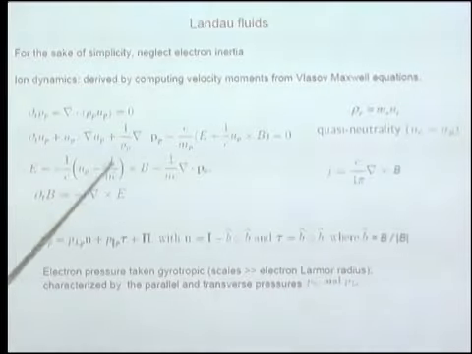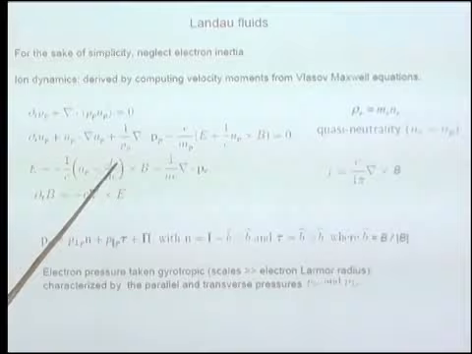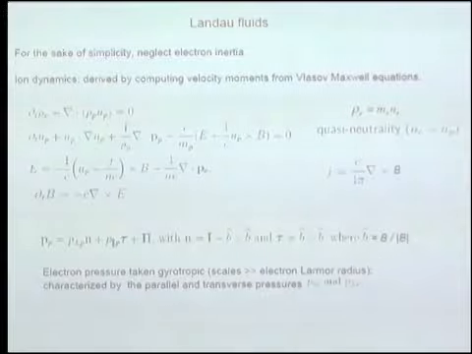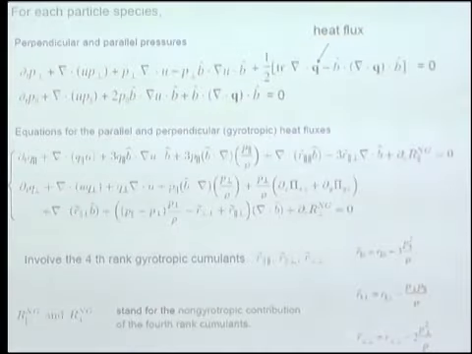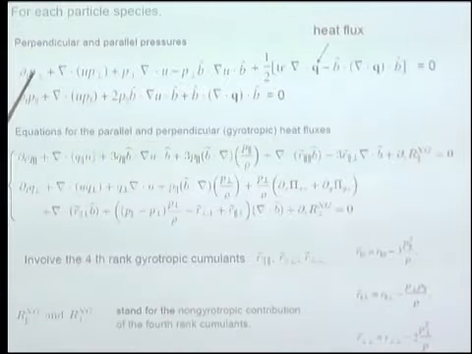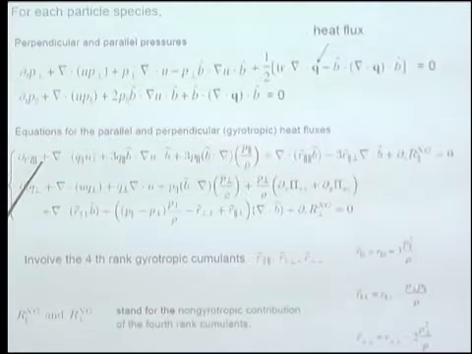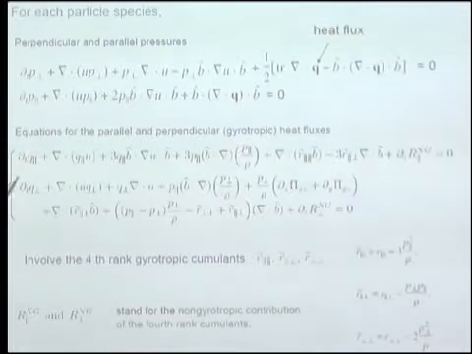We have this Ohm's law taking into account the Hall effect and the electron pressure gradient terms. And we assume that the pressure tensor is just a gyrotropic form plus finite Larmor radius corrections. Then for each particle species, electron and ions, we solve the equations for the parallel and perpendicular pressures. We solve the equations for the heat fluxes, the gyrotropic heat flux components.